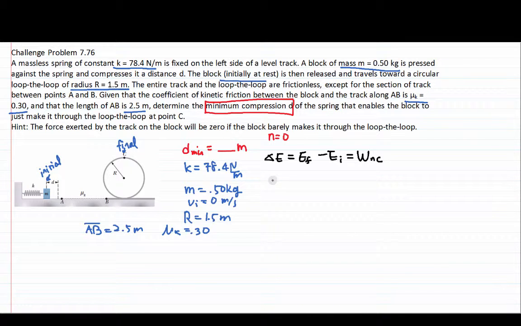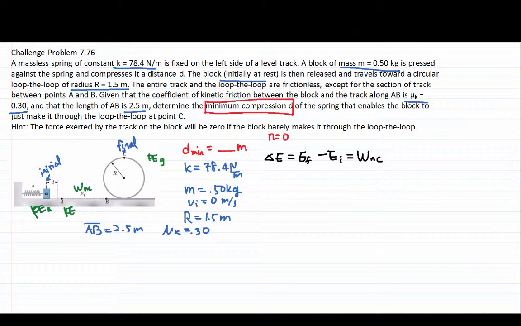Notice that we have four energies. Let me write it down. Actually, potential energy due to spring, and then it undergoes kinetic energy. And then we have potential energy due to height, and we have the non-conservative energy here.